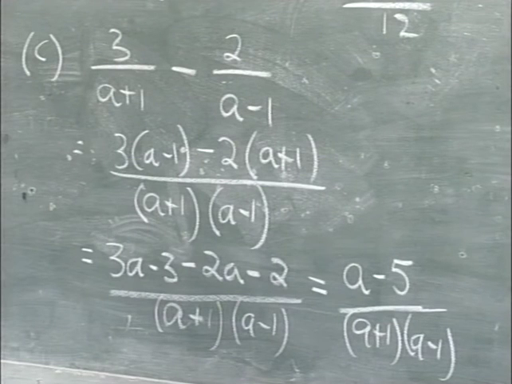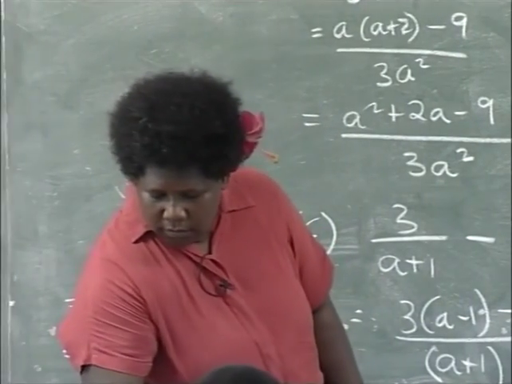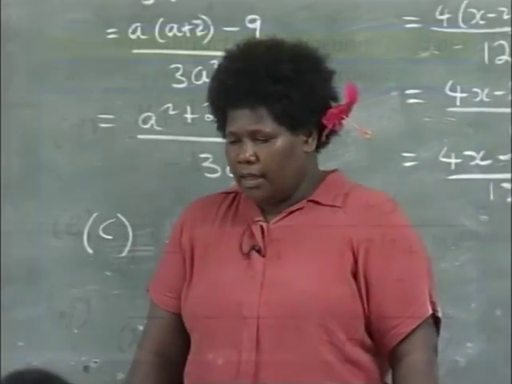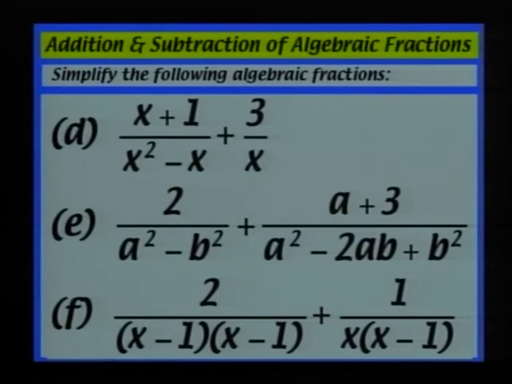Okay, I'm assuming because you've been to grade 9 and grade 10, you can work out what the lowest common multiple is, especially for numbers. For homework, you are going to do letters D, E, and F. For letter E, you will have to factorize the denominator here, A squared minus B, and also factorize this before you work out the lowest common multiple.